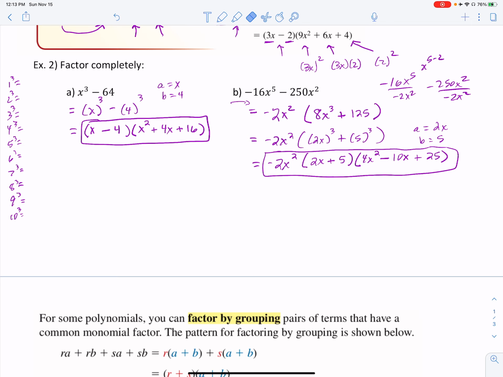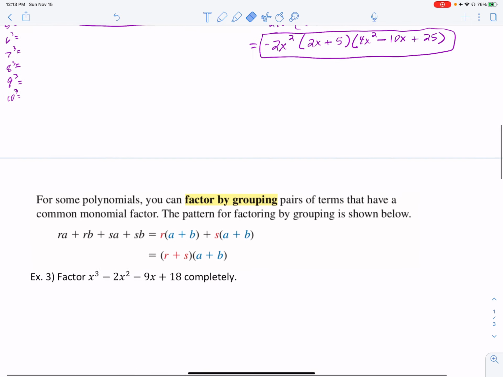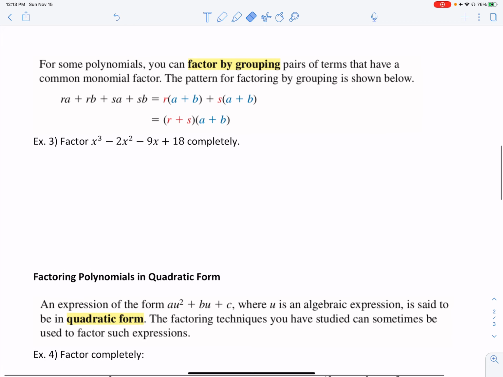All right. So then we have a process called factoring by grouping. And it kind of gives it away when we're first learning this because it's going to have 4 terms instead of just 3. And so if you see something with 4 terms, then I suggest you think about factoring by grouping.